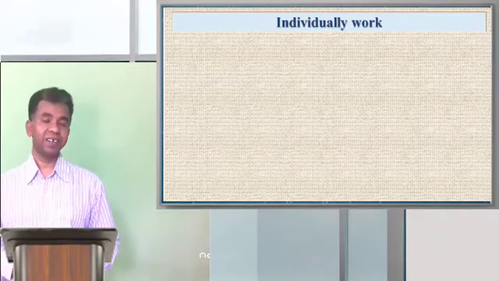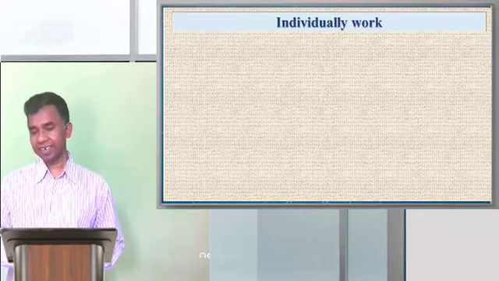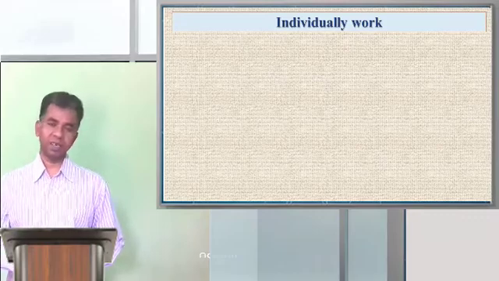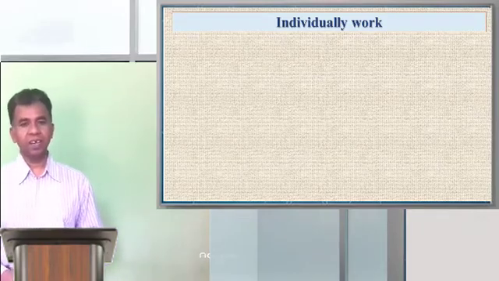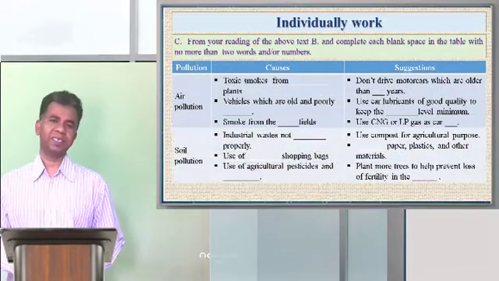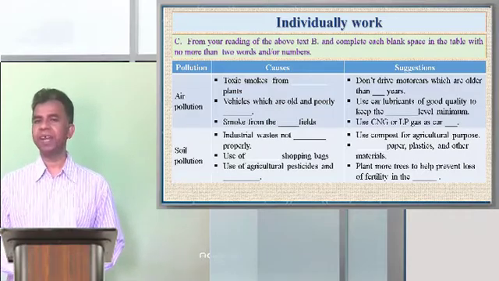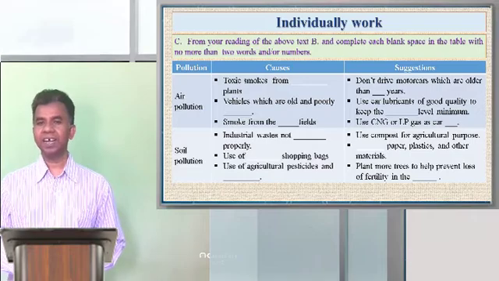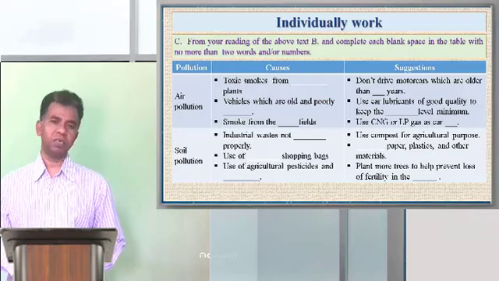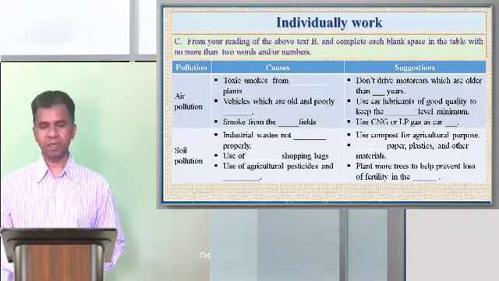Dear students, we have already read the text. Now I give you some work. First, from your reading of the above text B, complete each blank space in the table with not more than 2 words and or numbers.